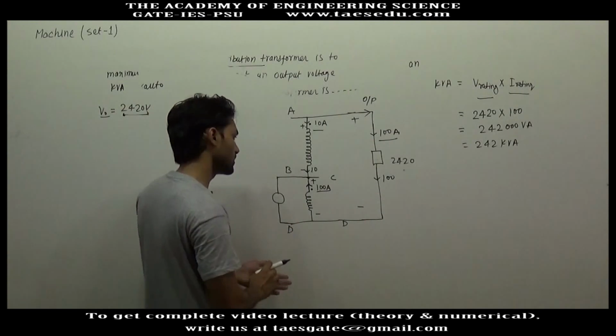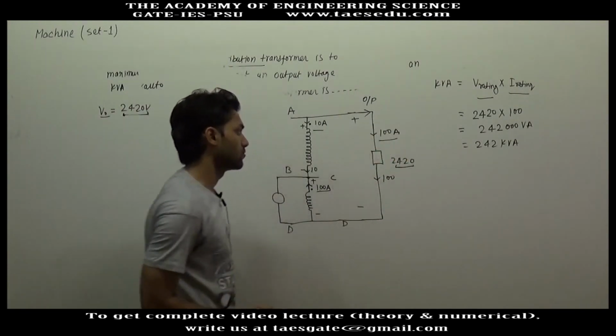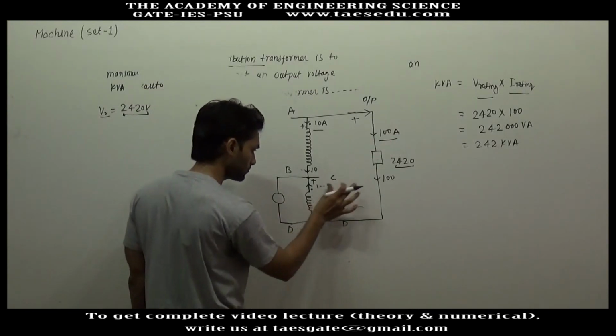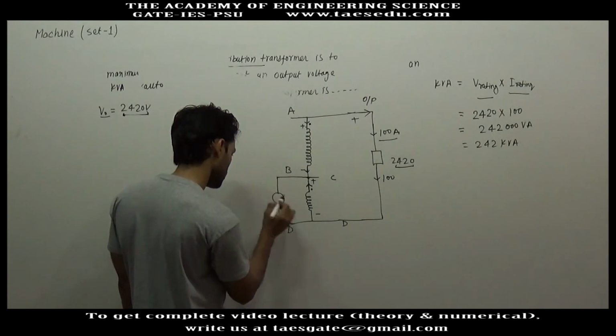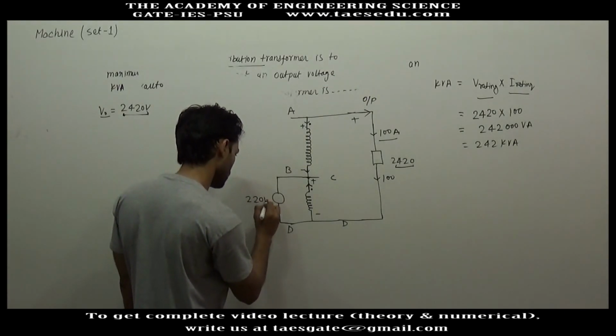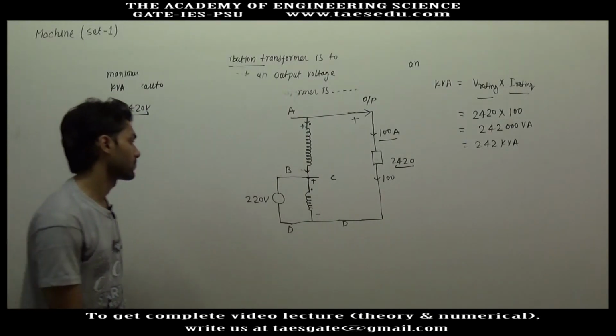Okay, in this case also the voltage rating will be 2420, because this is a 220 volt winding, so the maximum source voltage that you can apply is 220 volt, otherwise the core will saturate.